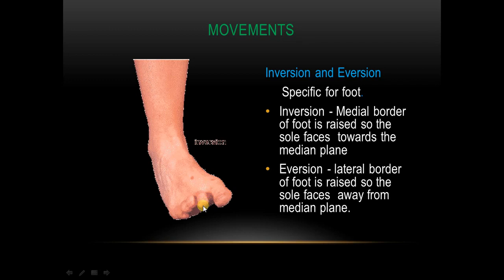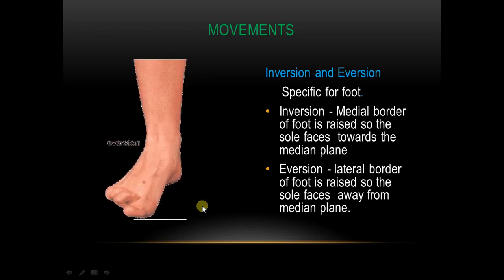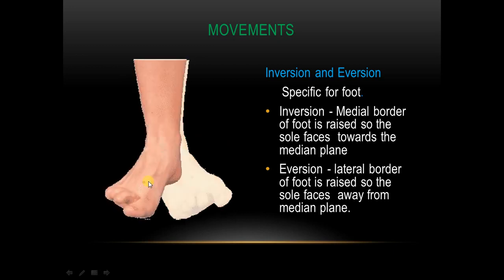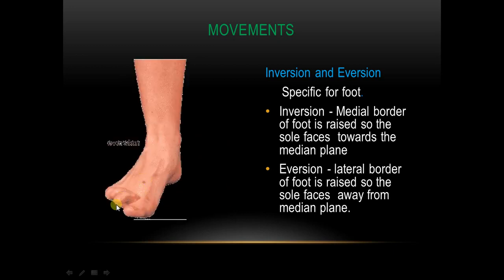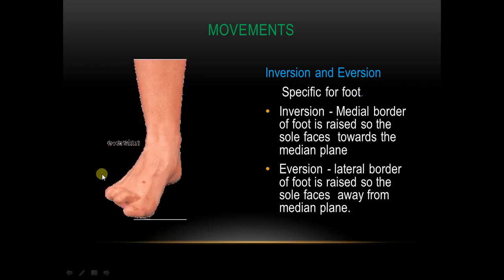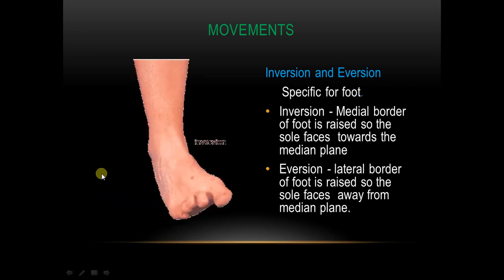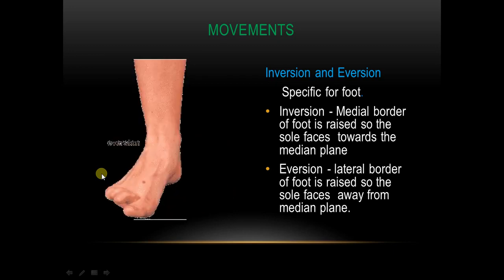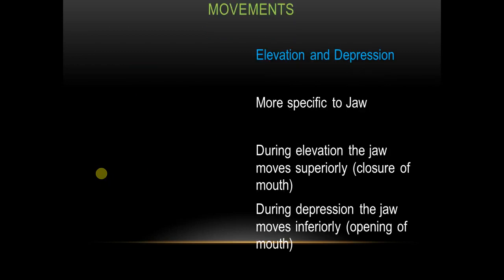The opposite of it, eversion, is when the lateral border of the foot is raised in such a way that the sole of the foot is facing outwards. So inversion is when the sole of the foot faces inwards, and eversion is when the sole of the foot faces outwards.